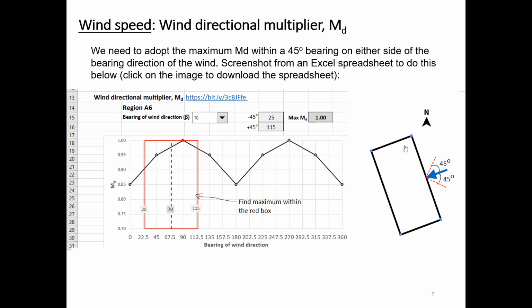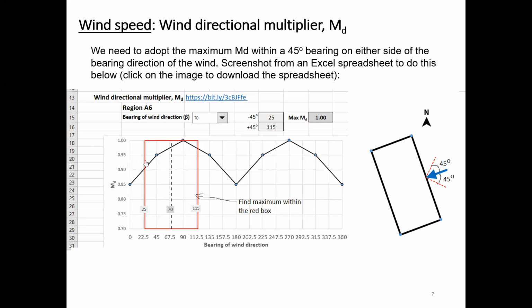Now, say we've got this bearing here. A building like this, this wind has got a bearing of 70 degrees. But no wind is exact. So how do we determine the value that we use? It doesn't matter where you are. If your actual wind direction is 70 degrees, we use the largest value within a 45-degree frame.